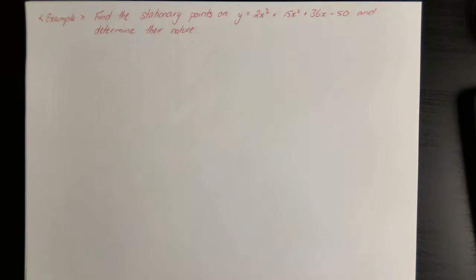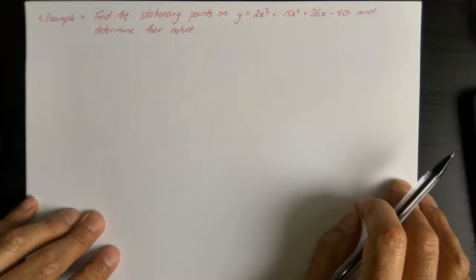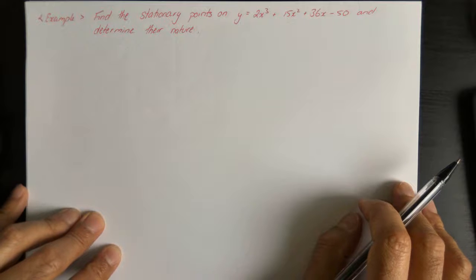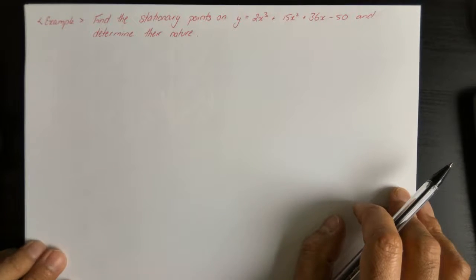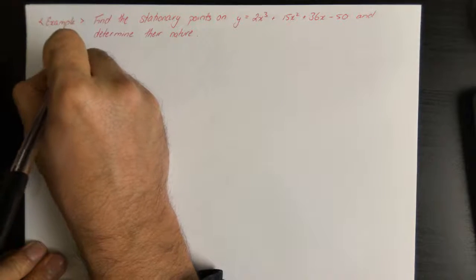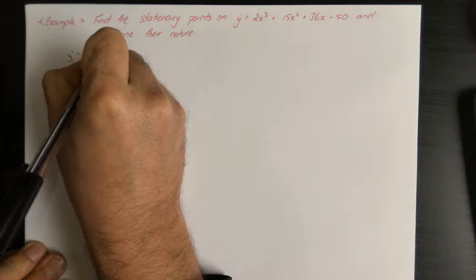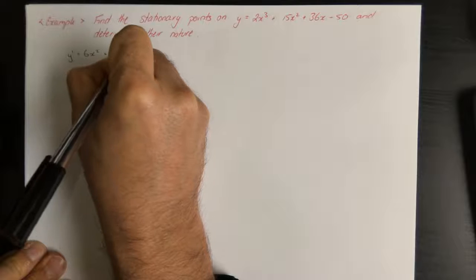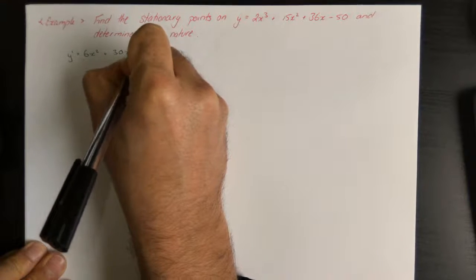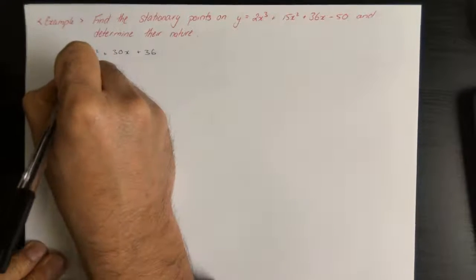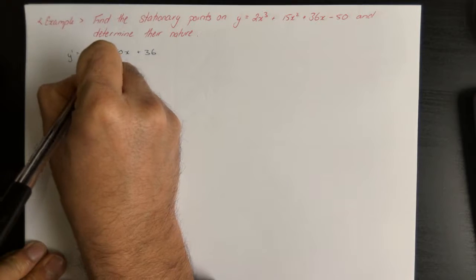Alright, let's find the stationary points on this function and determine their nature. So the first thing I need to do is find the first derivative. And I can factorize that.